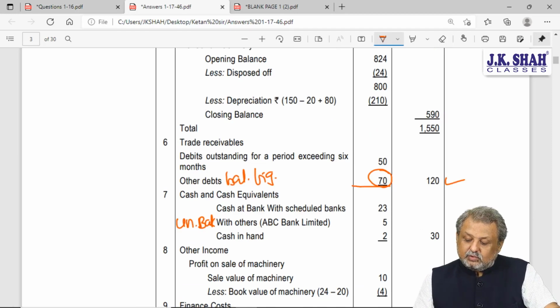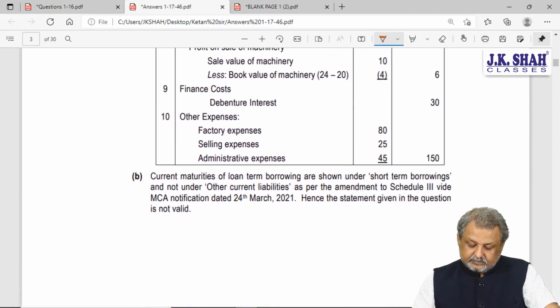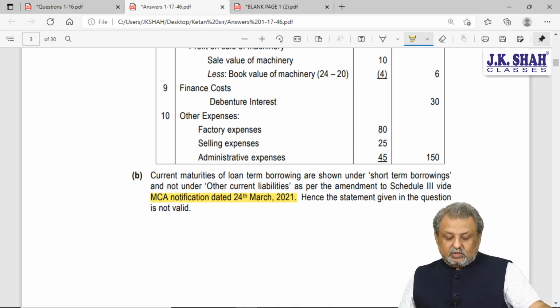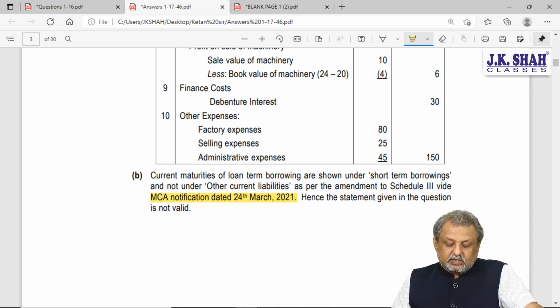This is the new thing that you need to remember. There was a notification on 24th March 2021. It is to be shown under short-term borrowings, not under other current liabilities.